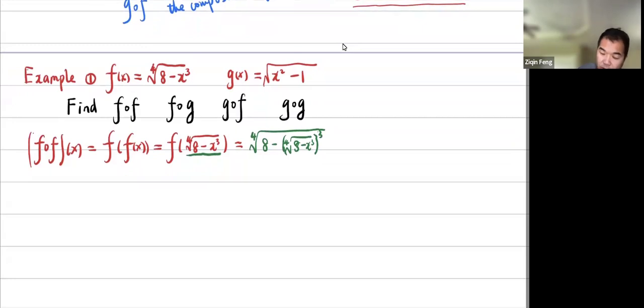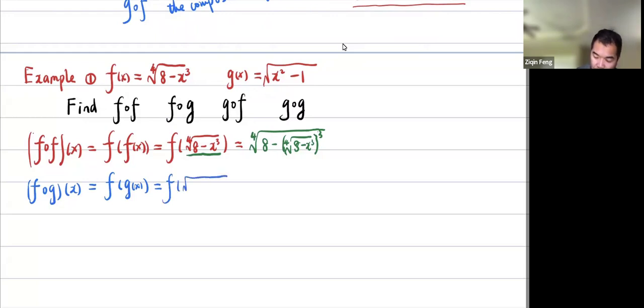Now, what is f composed with g? So f composed with g, you put in x. By our definition again, we don't have any other techniques. The only thing we have is our definition. So this is f of g of x. What is g of x? We know that g of x is the square root of x squared minus 1.